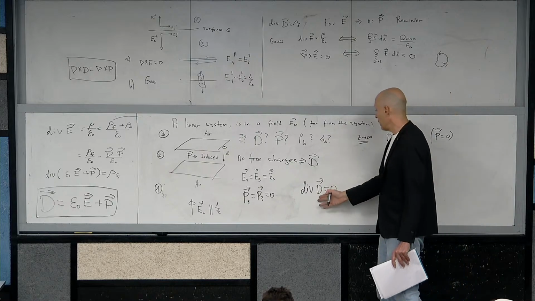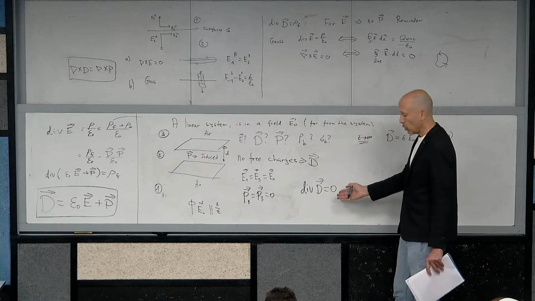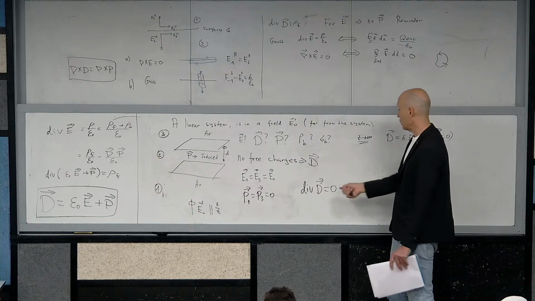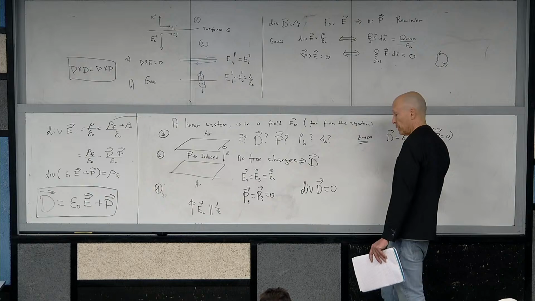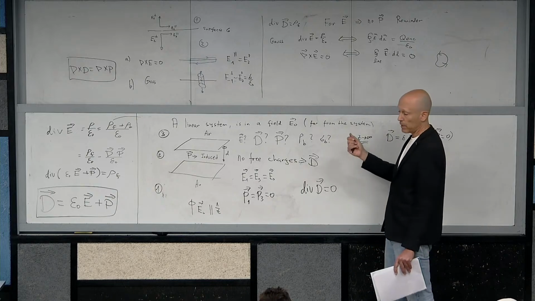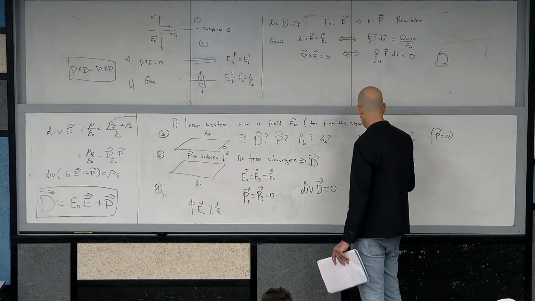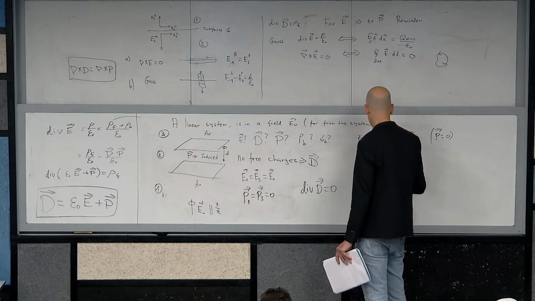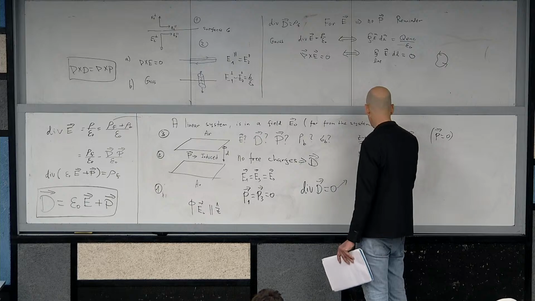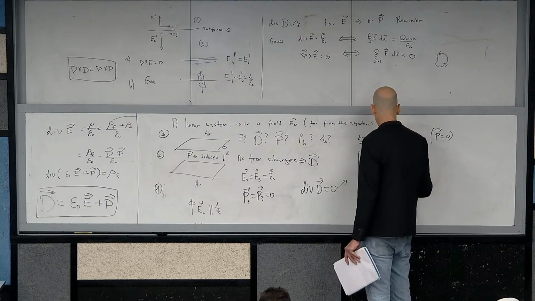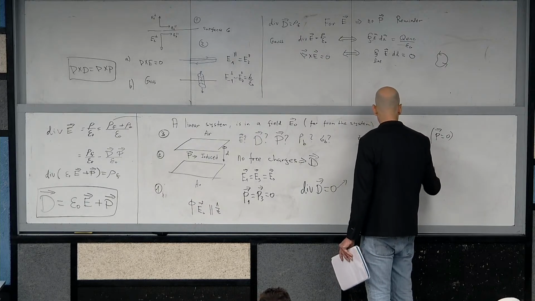Now, because div D is 0, D is a constant, and it's a constant given by this number at infinity, so it has to be like this everywhere. So D is equal to epsilon 0 E0. This comes from here, and the boundary condition. But the thing is, it holds everywhere.